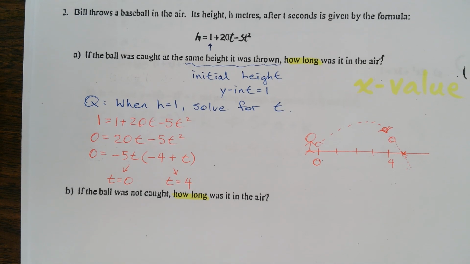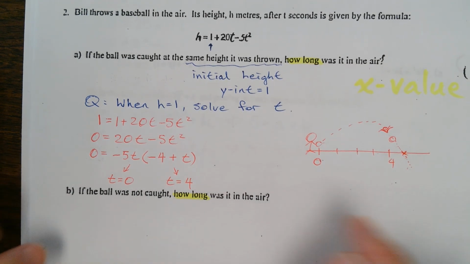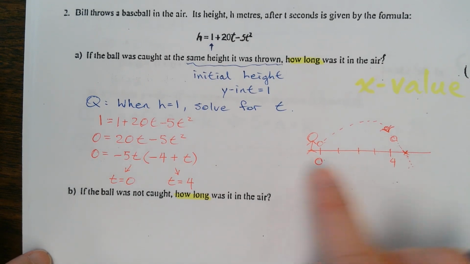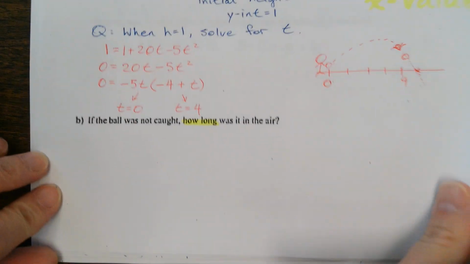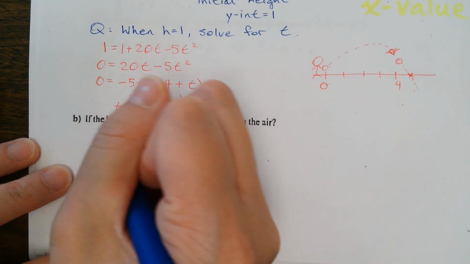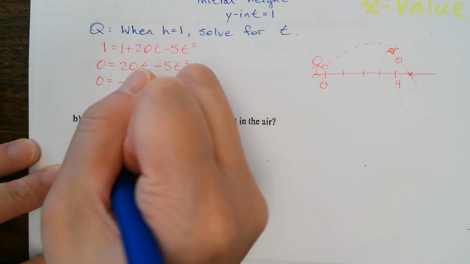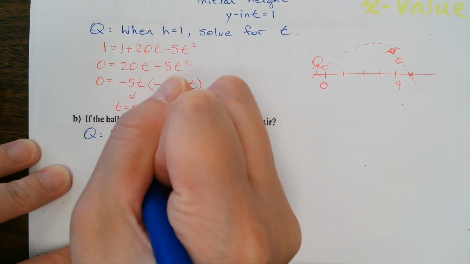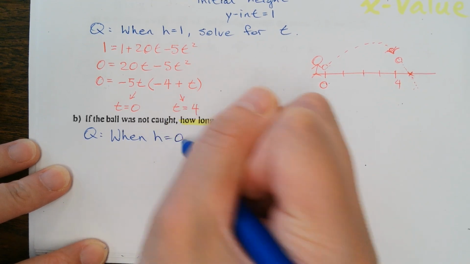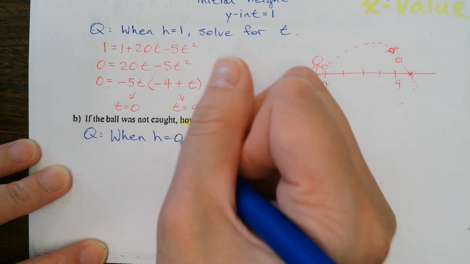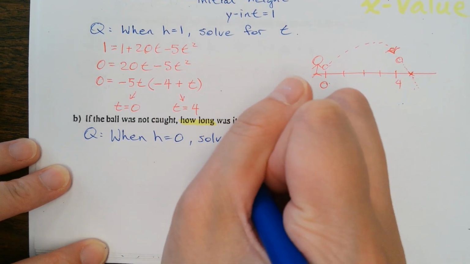Maximum, minimum, we're talking about the y value, the vertex. So whenever it's how long, you're talking about the x, the duration. In other words, the question is when h is 0, because it's on the ground. Solve for t.